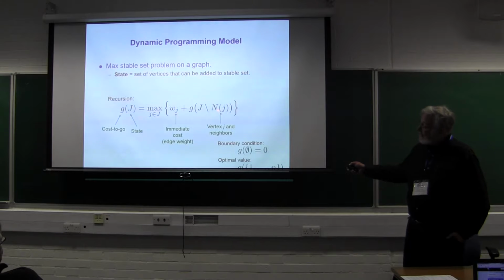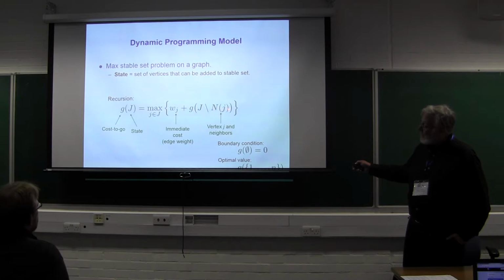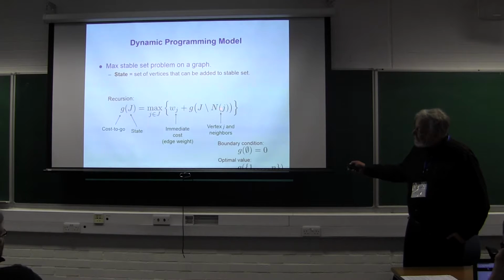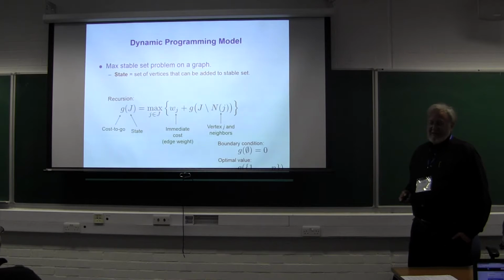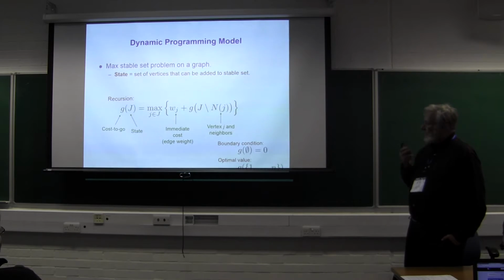So this is the maximum weight you can achieve using the remaining available vertices, which can be put into the stable set. And those remaining are those that you now have minus the one you just added and all its neighbors, since you want a stable set. So it's a classical recursive equation for the problem. These are called Bellman's equations, after the inventor of dynamic programming.